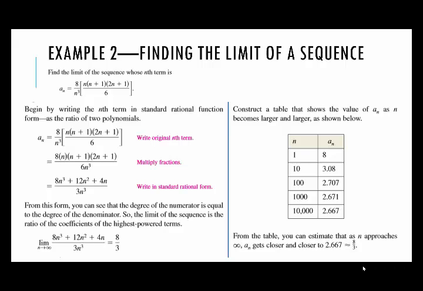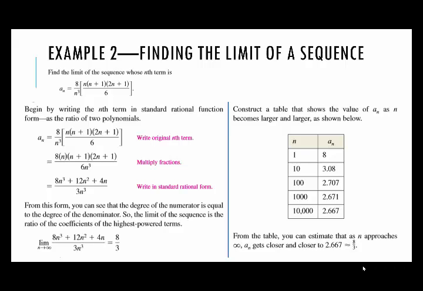I'm going to basically combine them all out to write it in a standard rational form. Now, once I get that, from this form we can see that the degree of the numerator is equal to the degree of the denominator. So as a result, the limit of the sequence is the ratio of the coefficients, which is 8 over 3.